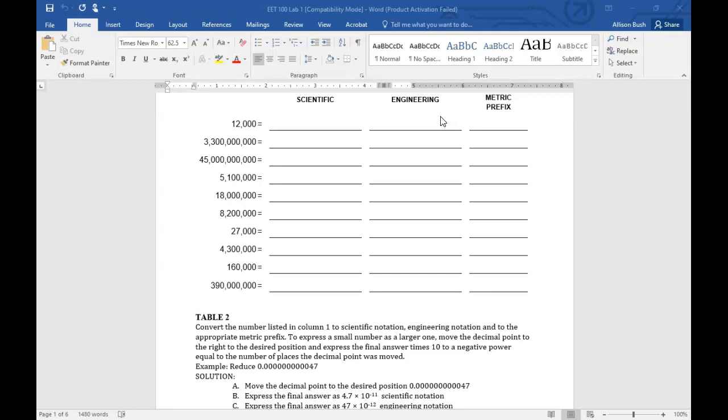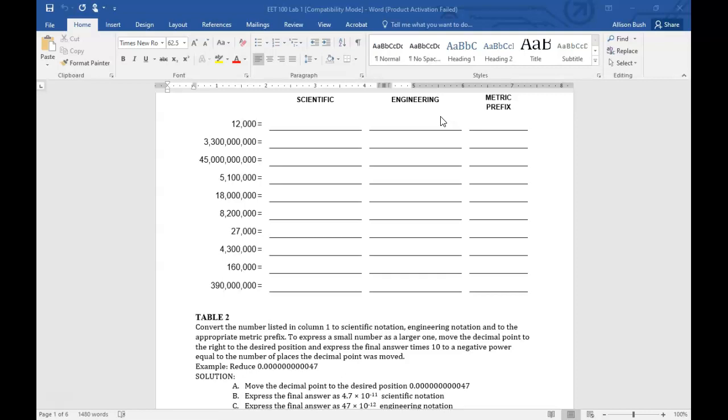let's look at this one down here at the very bottom. We have 390 million. Okay. It's my scientific notation: 3.9 times 10 to the 8th.